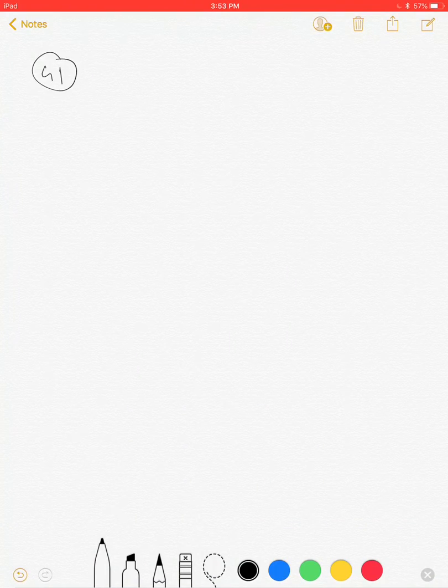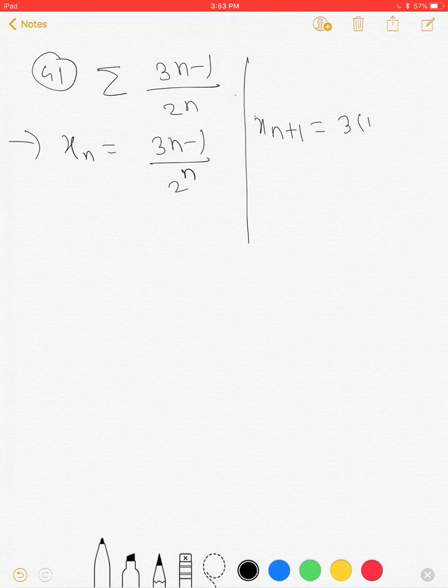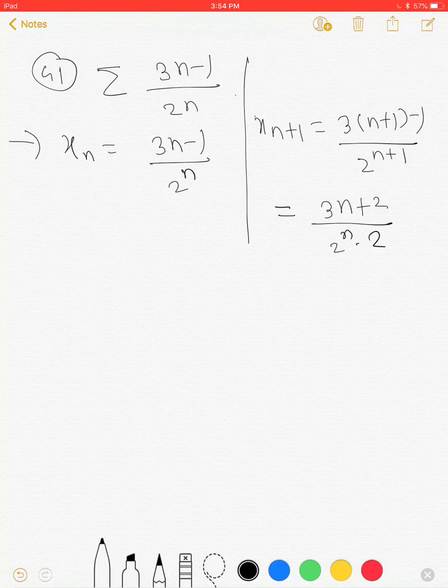In question number 41, we have to check the convergence of 3n minus 1 upon 2 raised to the n. This is actually the nth term. So we can find its n plus 1th term just by replacing n by n plus 1. So this becomes 3n plus 3 minus 1 upon 2 raised to the n plus 1, which is 2 raised to the n into 2.